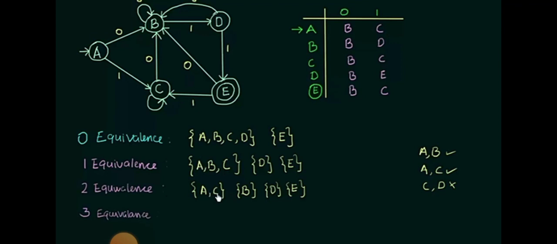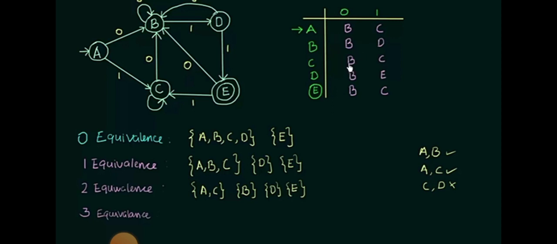Let's check if A and C are in the same state. A and C combine into a single state. A and C, when getting the input of 0, go to B, they are the same.